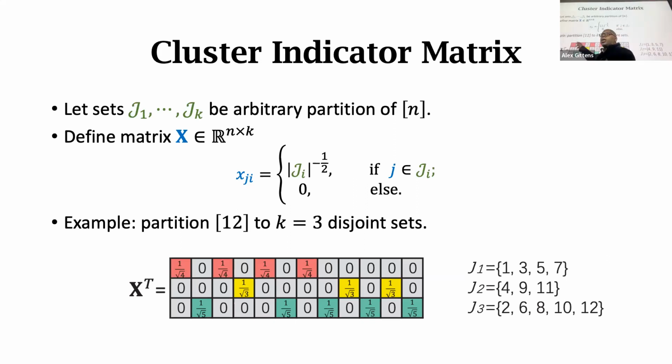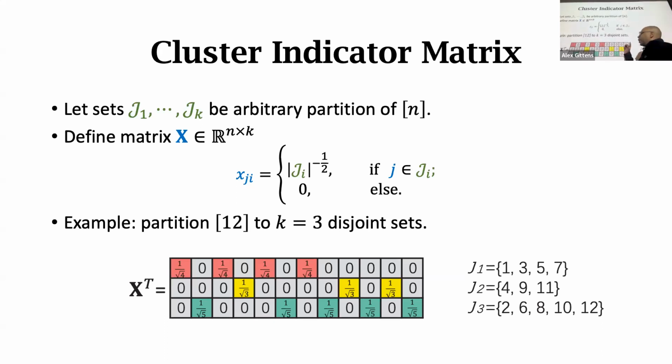So there's 3 columns in my cluster indicator matrix. And then for each point i, if it's in cluster j, then the ij-th entry of my matrix is going to look like 1 over the square root of the number of points in that cluster.